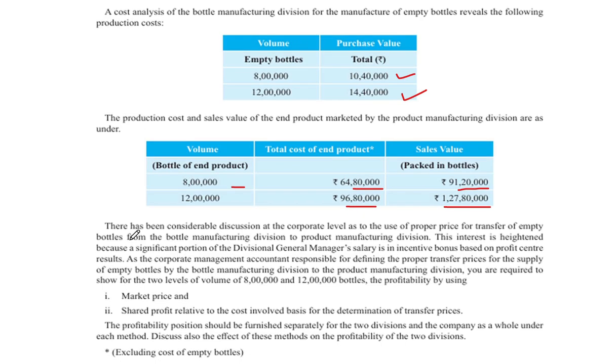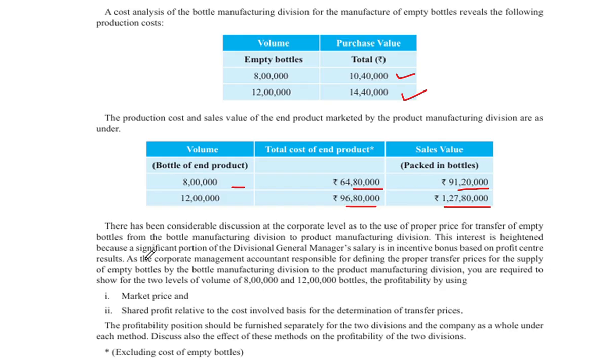There has been considerable discussion at the corporate level as to the use of a proper price for transfer of empty bottles from the bottle manufacturing division to the product manufacturing division.